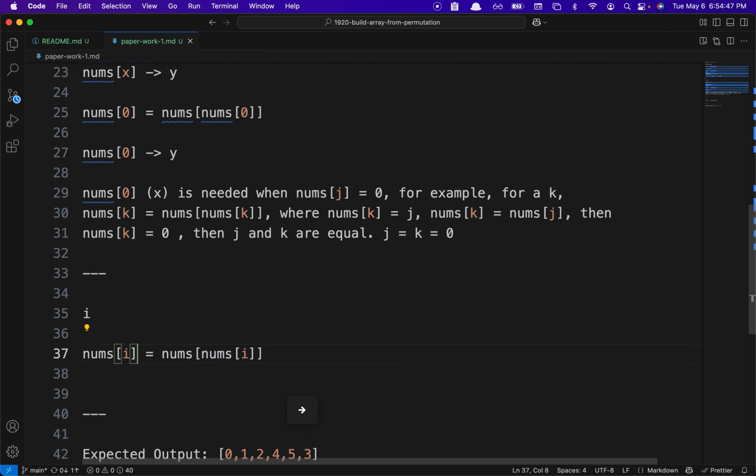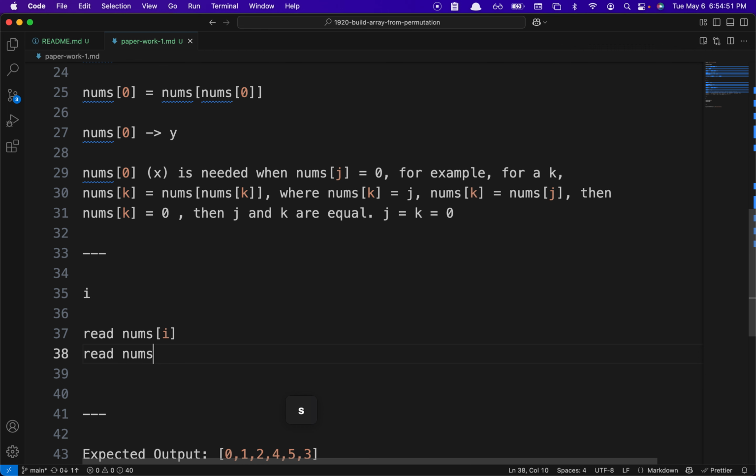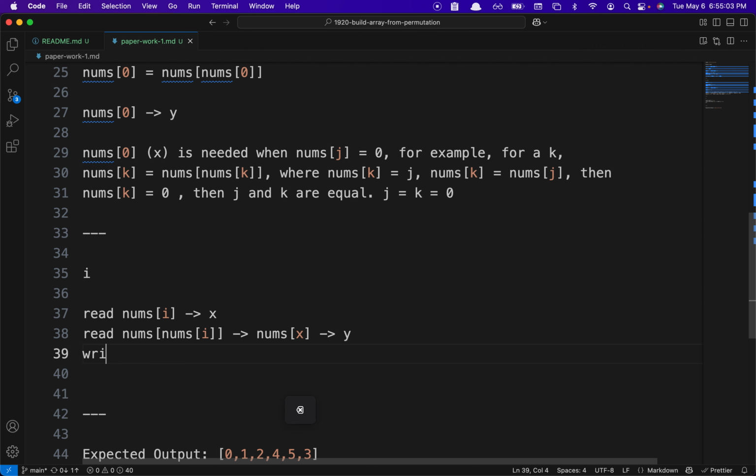So we can first read nums of i, and this will give an x, let's say, and this will give a nums of x, and this will give a y, right? y to nums of i.